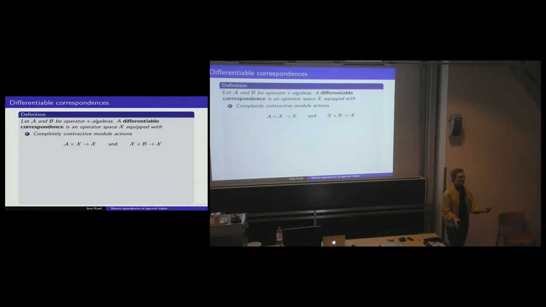So the n by n matrices over A is a Banach bimodule over the n by n matrices over A and the n by n matrices over B. I'm just keeping track of everything that happens at the matrix level all the time. But otherwise, all the definitions are very similar to what you have for Banach algebras and Banach modules.